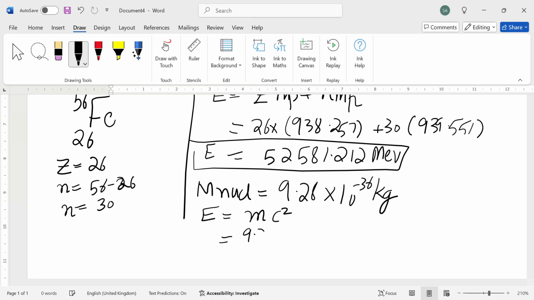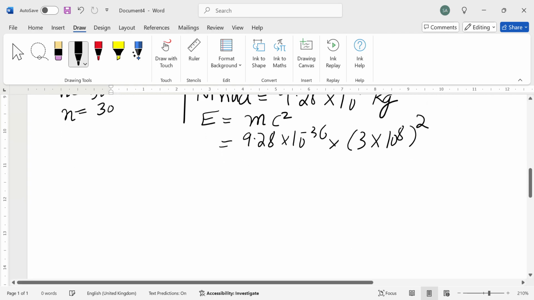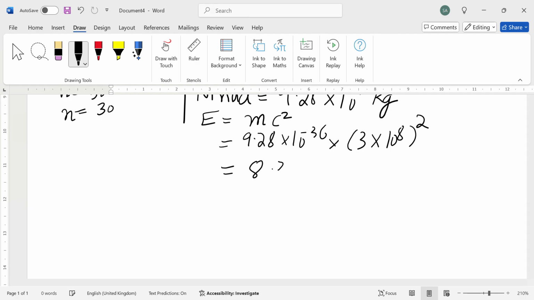The mass is 9.28 × 10^-36 times the speed of light, which is 3 × 10^8, squared. If you simplify, the answer would be 8.3592 × 10^-9, which is obviously in joules.